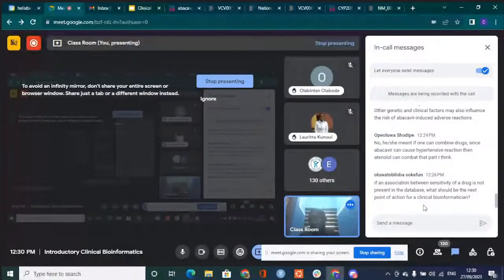Is it associated with this condition, and can something like this be put into cohort studies to validate it? And that's how most of this information gets into databases. I believe I'm able to answer your questions.